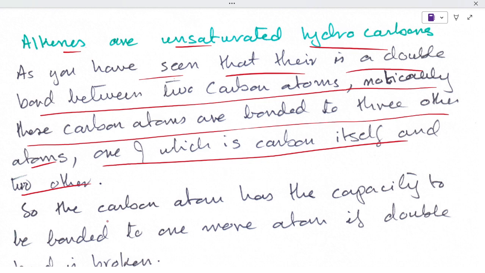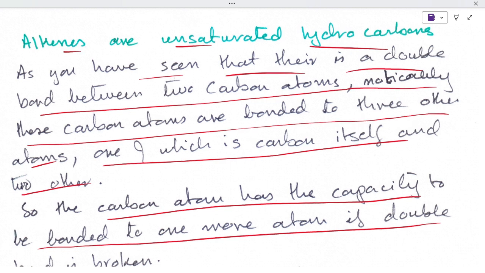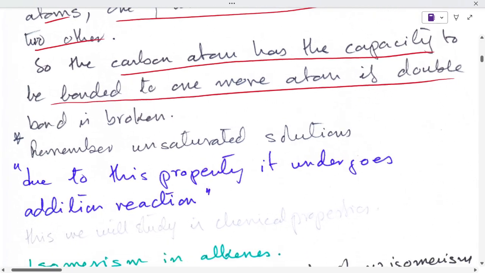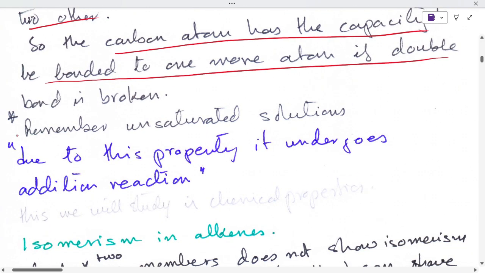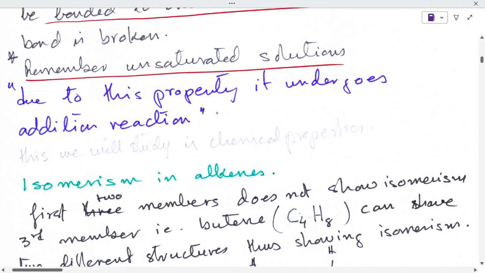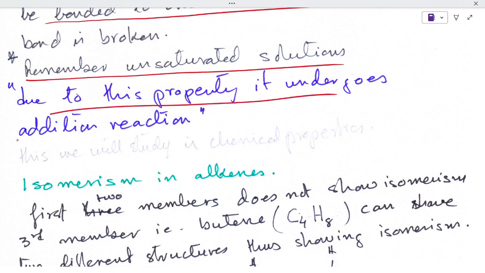So the carbon atom has the capacity to be bonded to one more atom if the double bond is broken. Remember unsaturated solutions, which have the capacity of dissolving more solute in them. Due to this property, it undergoes addition reactions. These reactions we will study when we study chemical properties ahead.